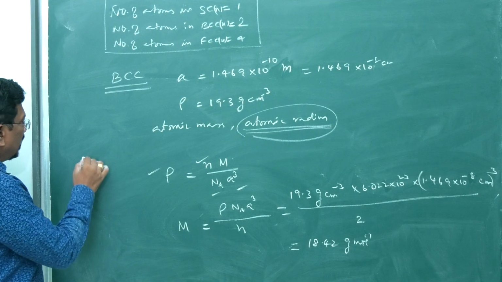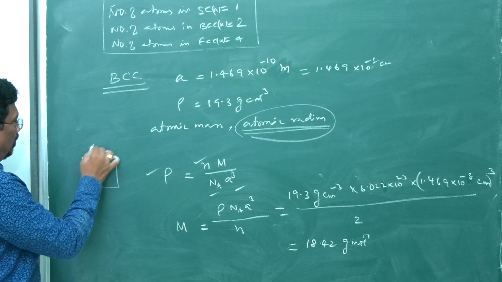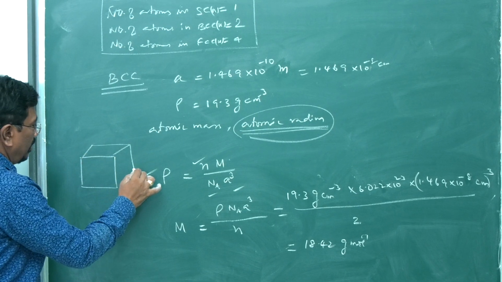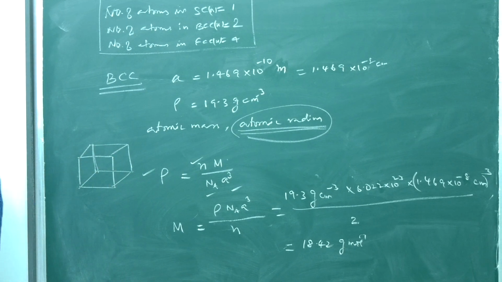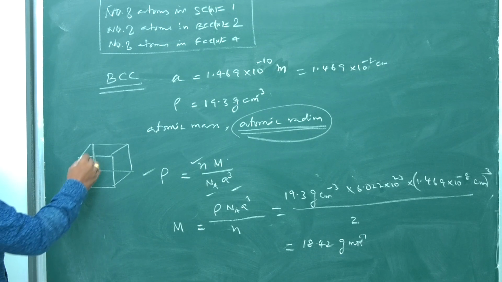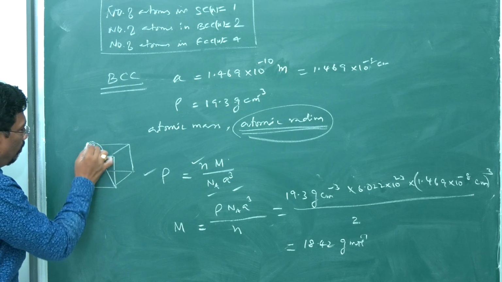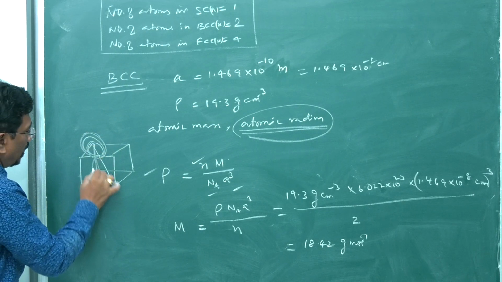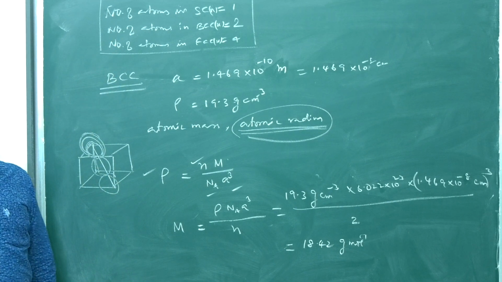For body centered cubic lattice, the relationship between radius and a we have calculated like this. One atom here, one atom here, one atom at the body, one atom here. The diagonal is drawn like this.